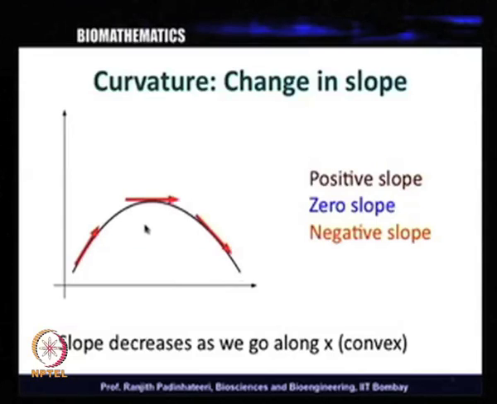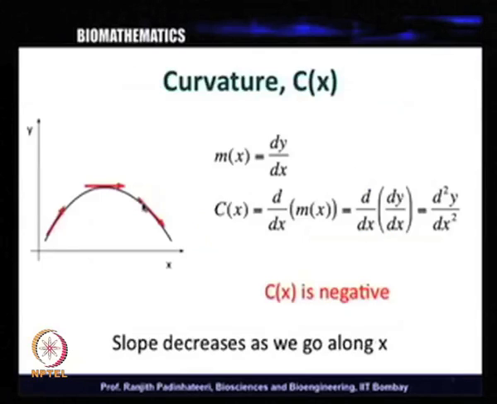One important thing we learned here is that the slope at this maximum point is 0. If you calculate the slope here, this is 0. And we found the curvature is nothing but the first derivative dy by dx is slope.